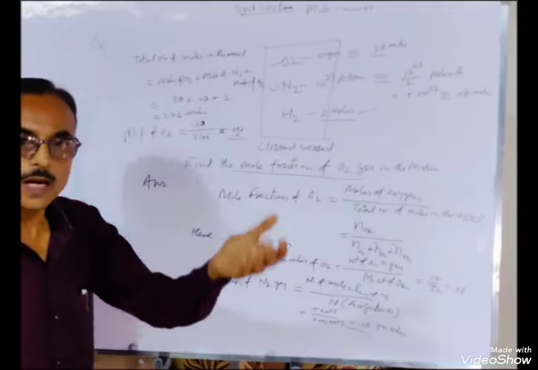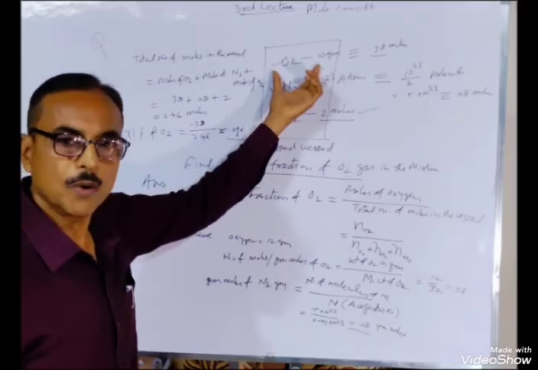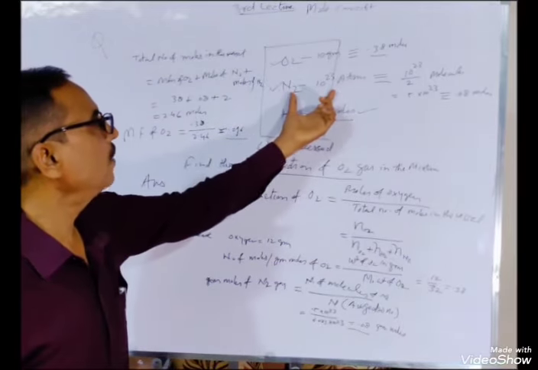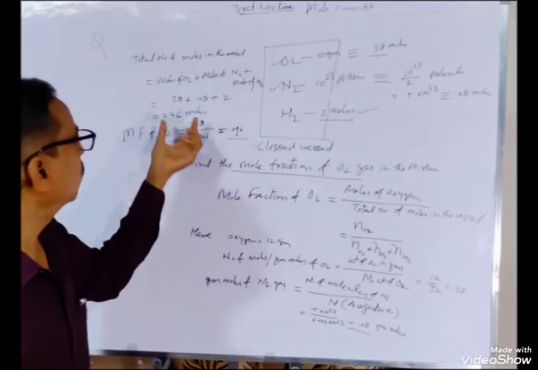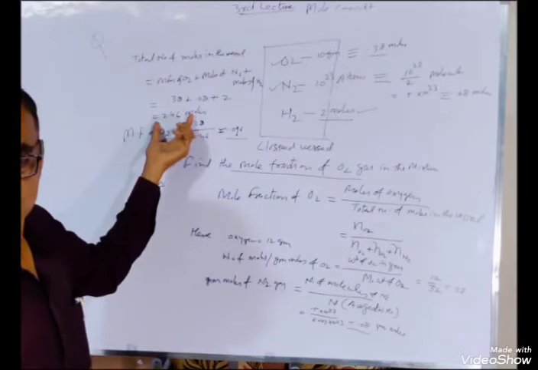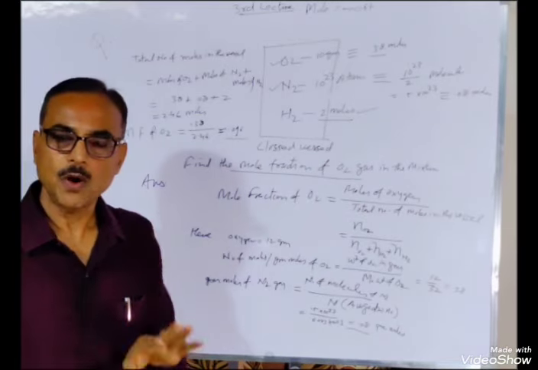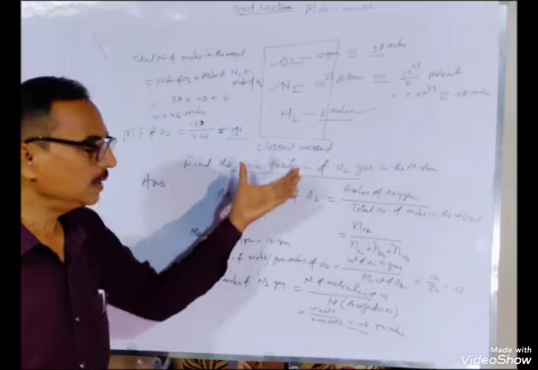Similarly, you can calculate the mole fraction of nitrogen, moles of nitrogen divided by total number of moles. So understood? Is there any problem? I think it is very easy.